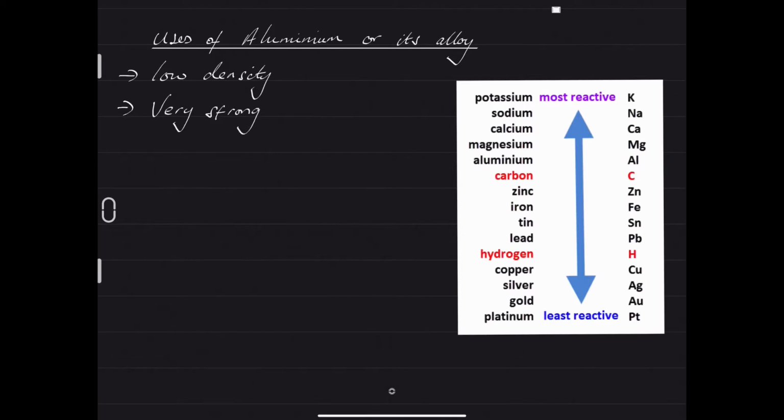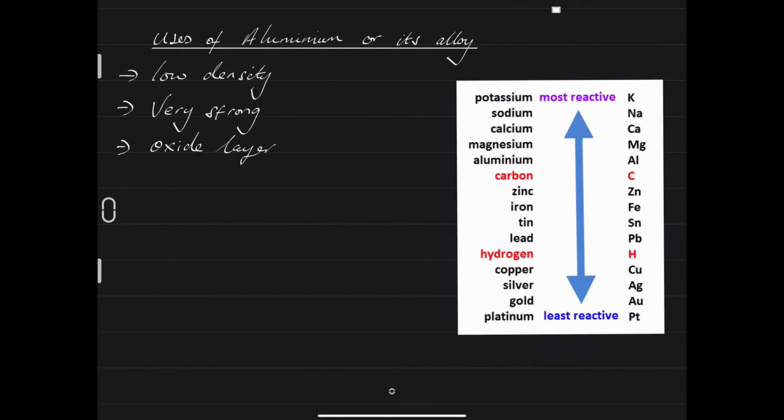Okay, low density, very strong. They also form an oxide layer. This oxide layer is easily formed and it naturally forms for aluminium. So these 3 bullet points should help you if you struggled with the previous section. Okay, so let's move on now.